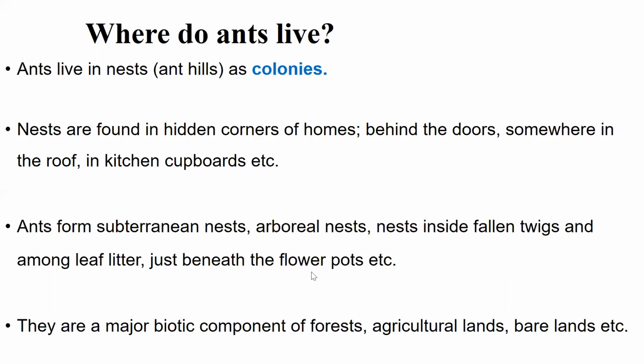Even if you want to move a flower pot from one place to another, you will see many ants under the flower pot. They are a major biotic component of forests, agricultural lands, and bare lands, so you know that, right?